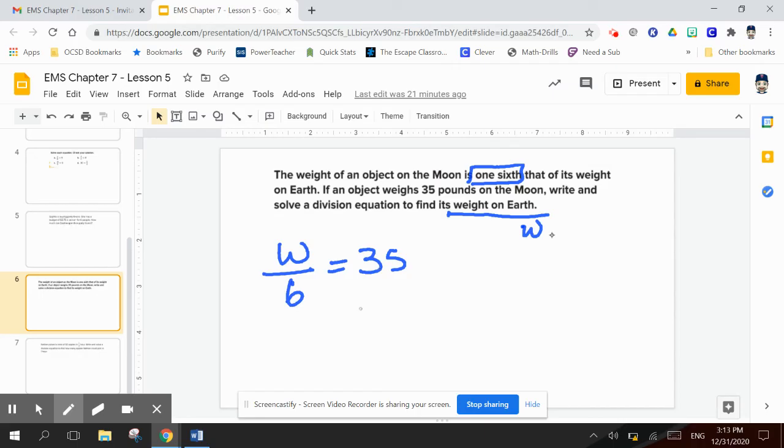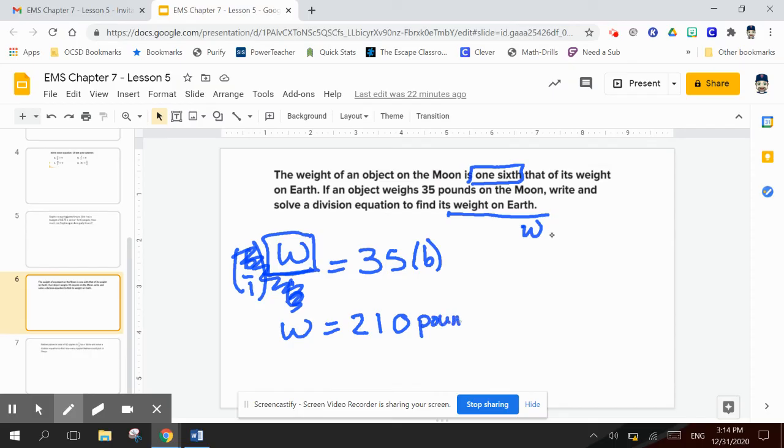To find out how much you would weigh on Earth, I'm going to multiply that by 6, and I multiply this side by 6. Simplify before you multiply. Opposite numerator and denominator are the same, so they cancel out. I'm left with W, and 35 times 6 is 210 pounds.